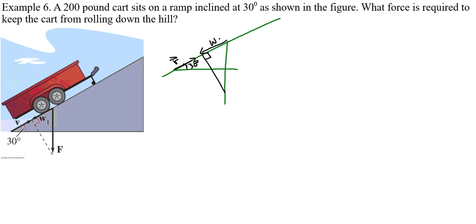W1 is the vector that is pushing it down, and then this straight down force is F. My F did not look well drawn. Ooh. And this F is that straight down force as we go.